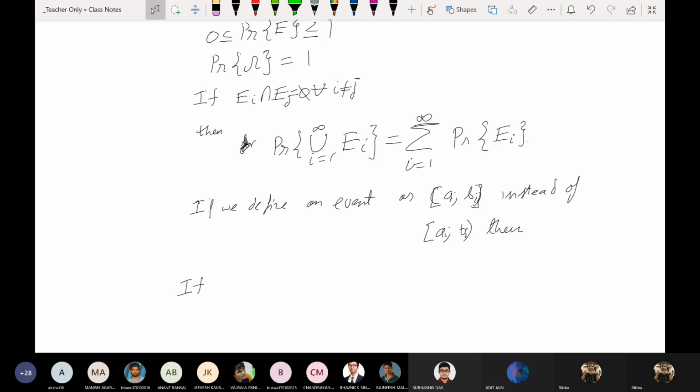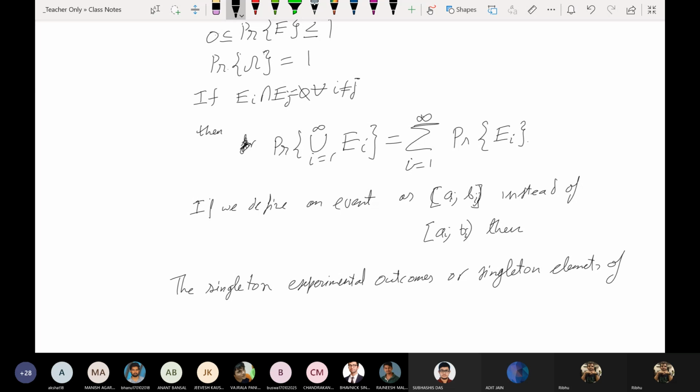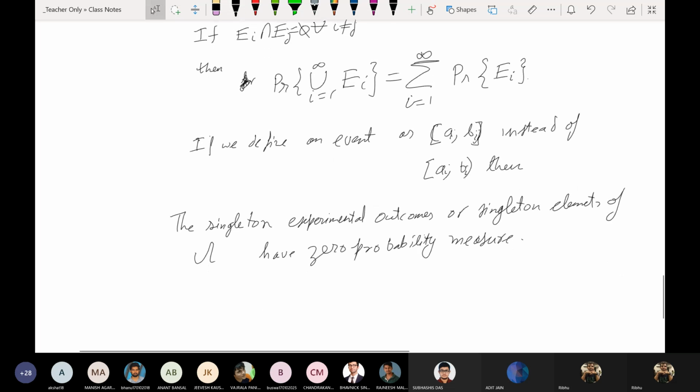So the singleton sets, the singleton experimental outcomes, or singleton elements of omega have zero probability measure.